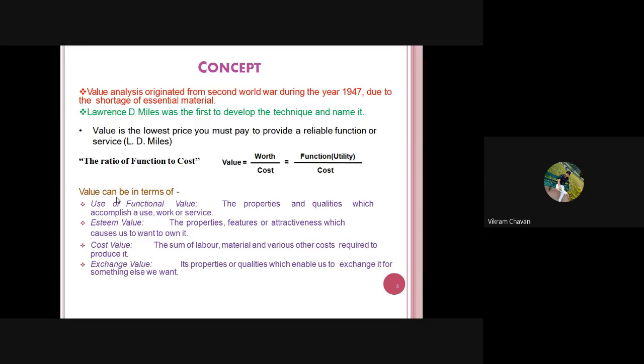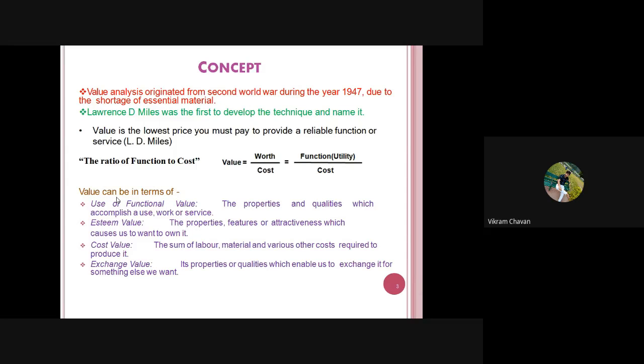But this person, L.D. Miles, realized this lacuna in the industries, started working on this concept, and came to know that value is the lowest price you must pay to provide a reliable function or service.